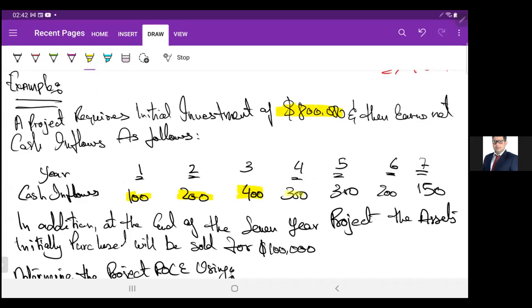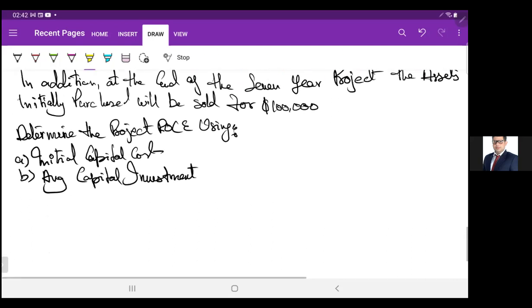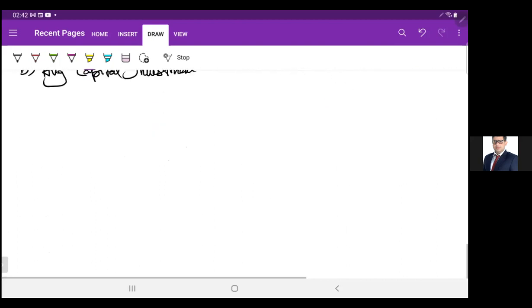In year four, 300,000, and year five, again 300,000. In year six, 200,000, and 150,000 in year seven. In addition, at the end of the 7-year project, the assets initially purchased will be sold for $100,000. Determine the project ROCE using initial capital cost and average capital investment.